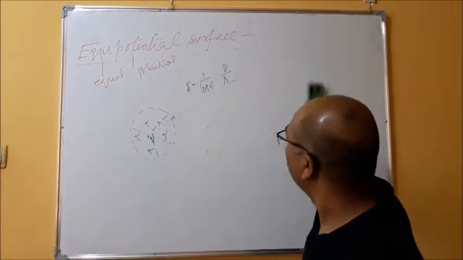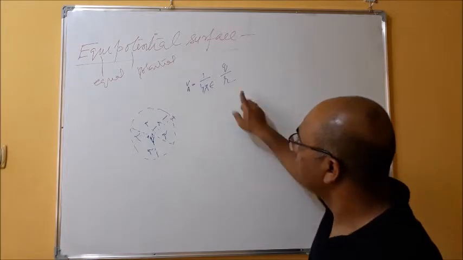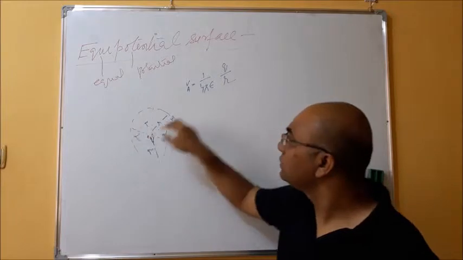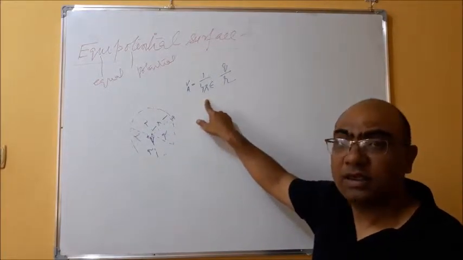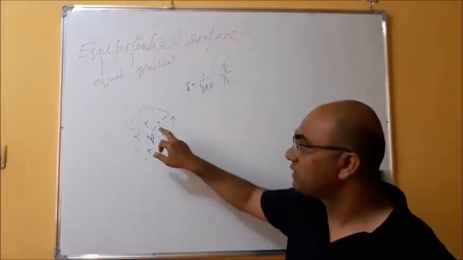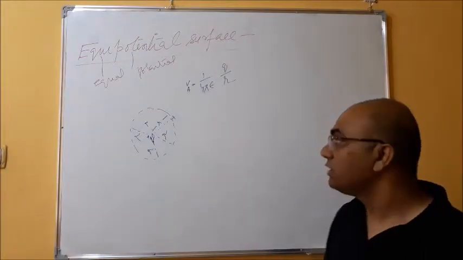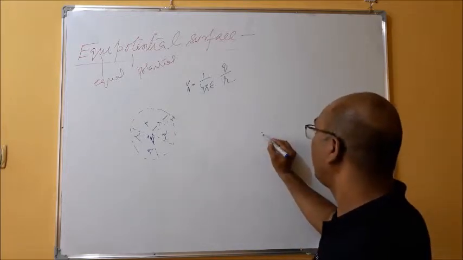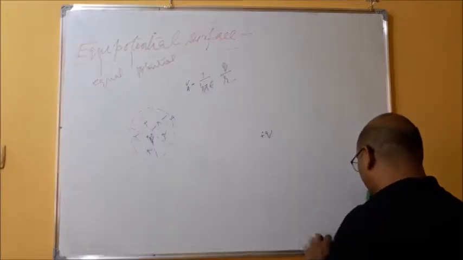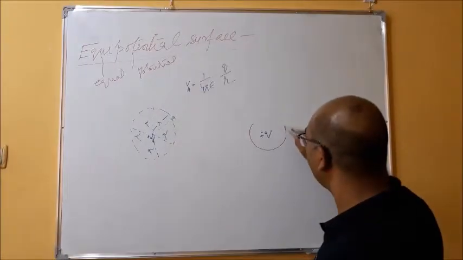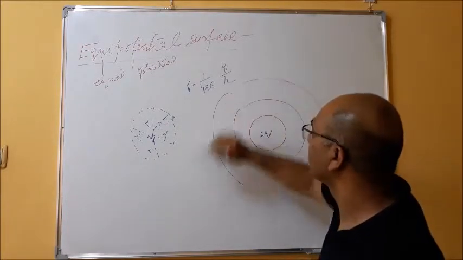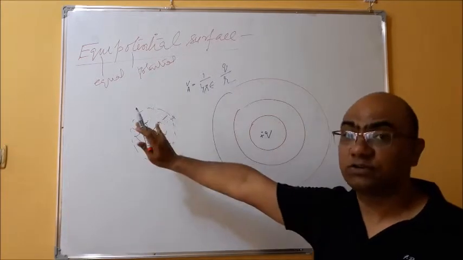So if this is the value of potential, wherever you go on this circle circumference, you will get the same value of potential, and hence this is an equipotential surface for this point charge. If I have this point charge plus q and you draw this circle, you can draw infinite circles mathematically.